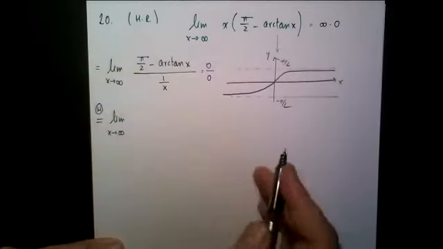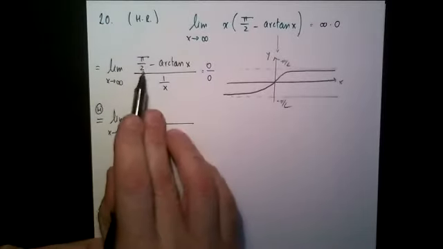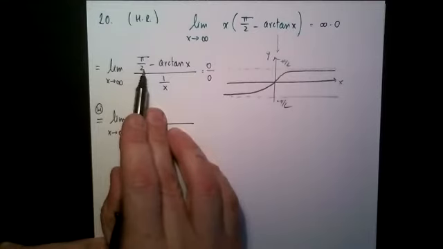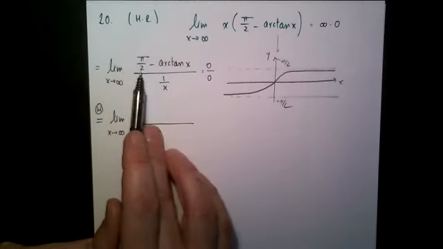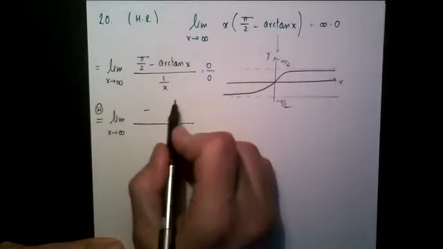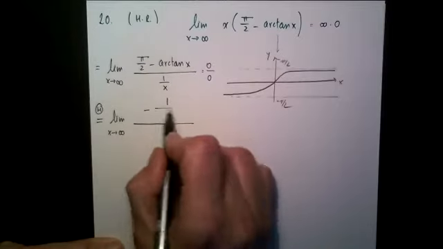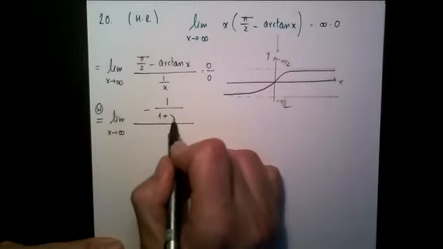And I need to do the derivative of the top. Do you remember what that is? The derivative of pi over 2 is? Is 0. Yeah. And then minus the derivative of the arctan is? I think 1 over 1 plus x squared.